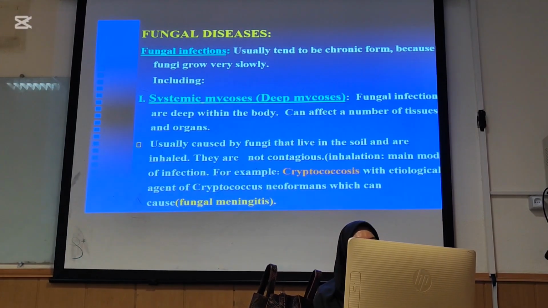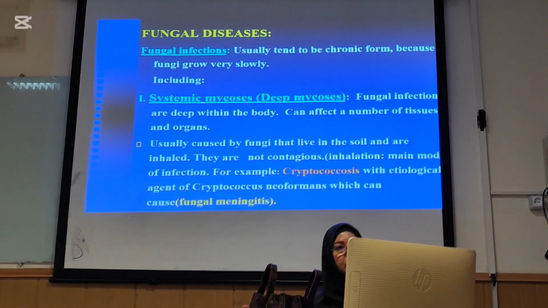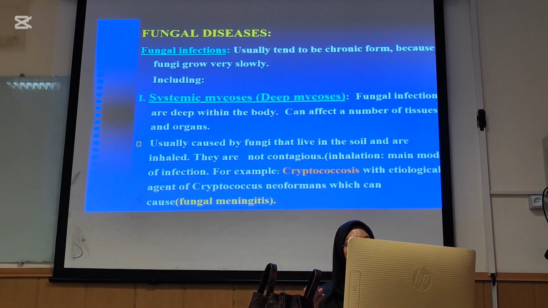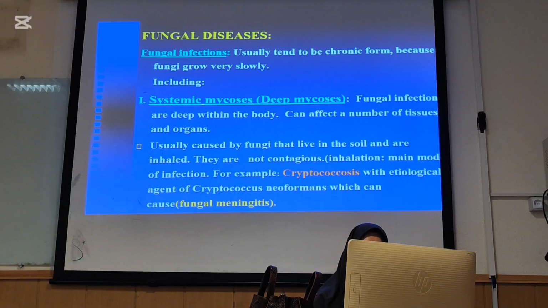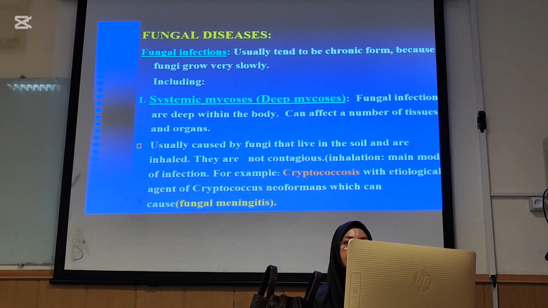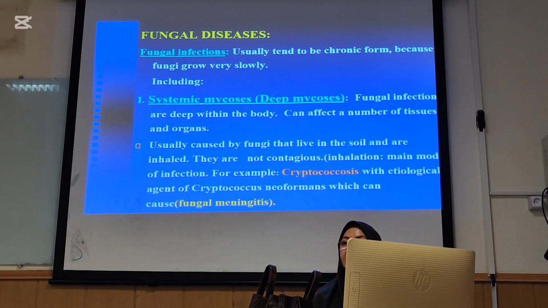The clinical presentations are very similar to bacterial meningitis, but it is caused by a group of fungi seen as a mold and a yeast, and the causative agent is named Cryptococcus neoformans. Cryptococcus neoformans can cause a systemic infection that we name cryptococcosis.